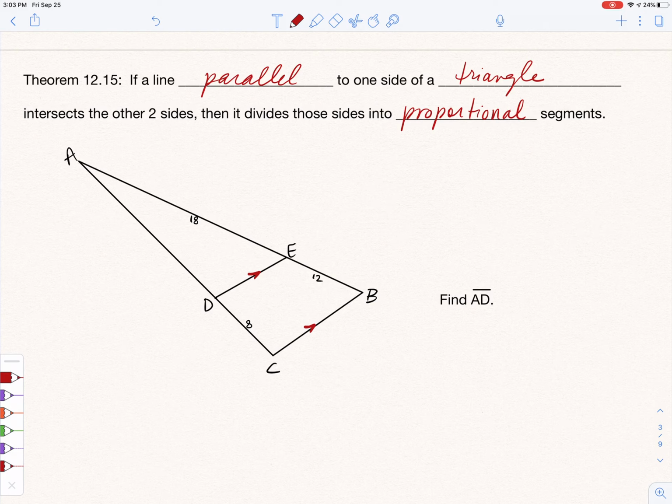So what we could say, if I were to just give these sides some names here, let's say G, H, K, M. We could say that G is to H as K is to M, using the analogies and proportions concept for this particular thing. So that's how we can look at this particular theorem.